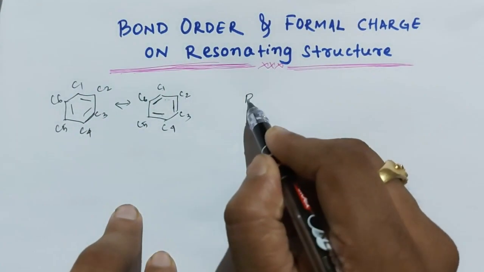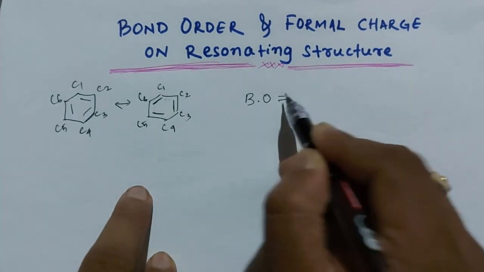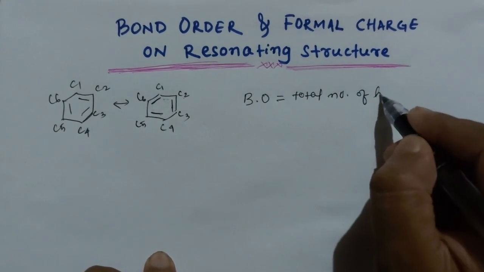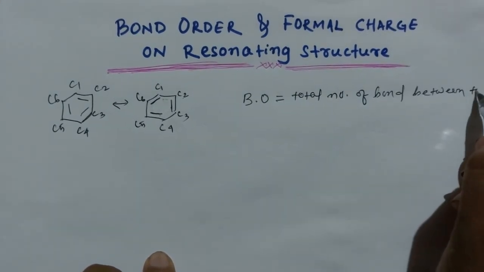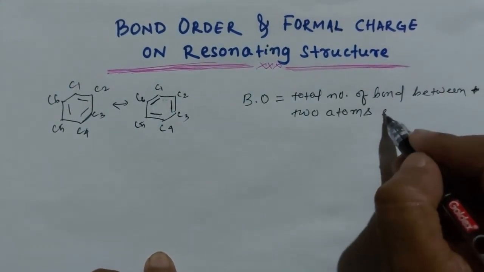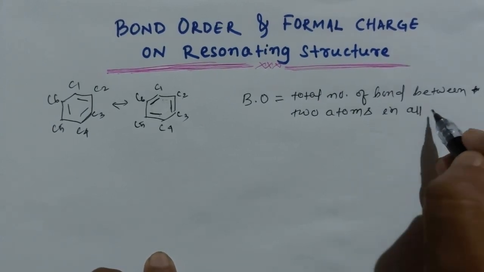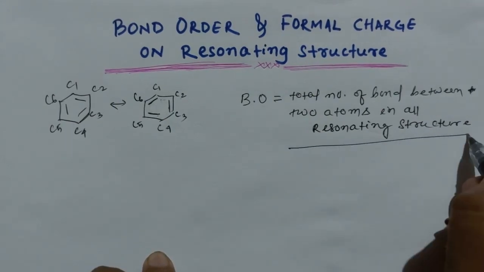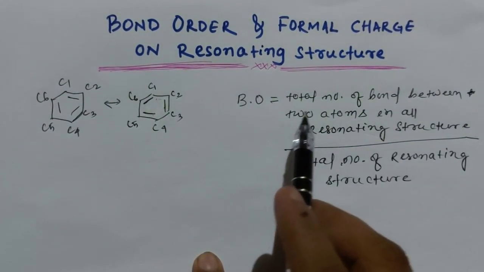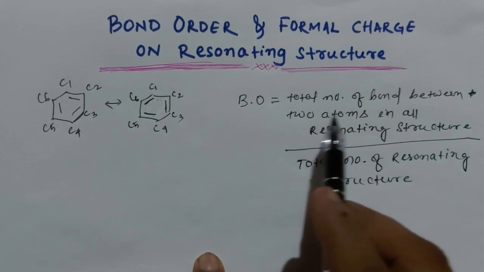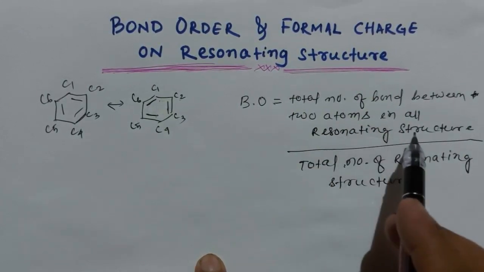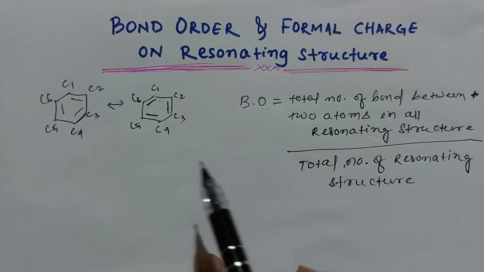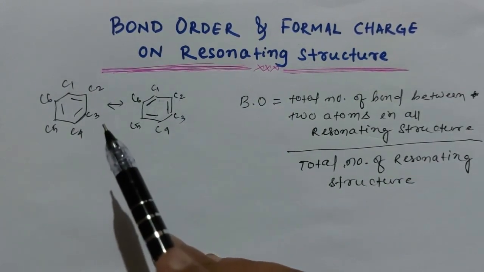So remember this formula: bond order is equal to the total number of bonds between two atoms in all resonating structures divided by the total number of resonating structures in a given compound.